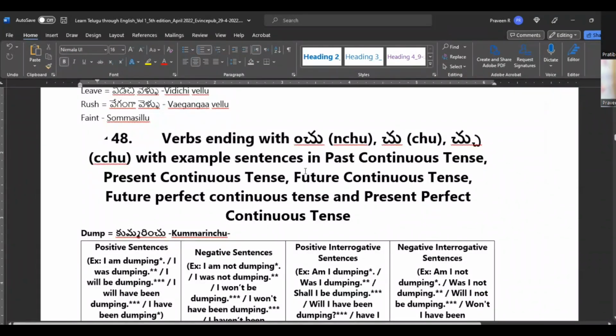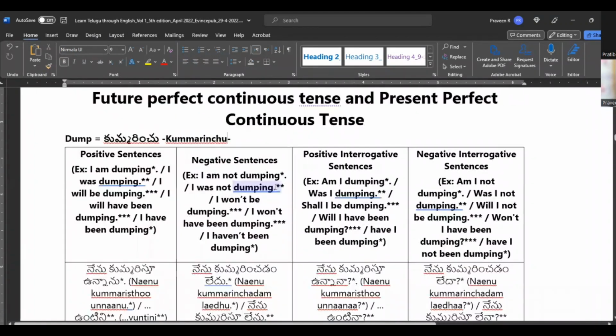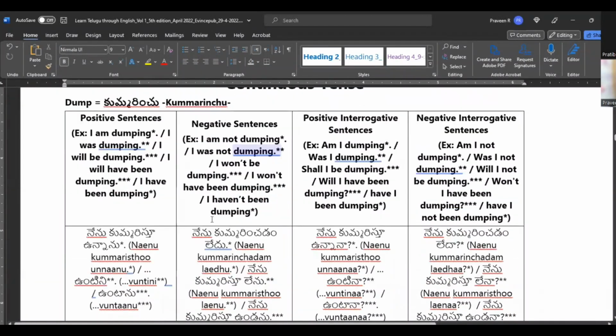All the continuous tenses are here. Past continuous tense, present continuous tense, future continuous tense, future perfect continuous tense, present. 5 tenses I covered in a single table. Okay. Kummarinchu became, see, I am dumping. I am dumping. Kummarinchu became kummaristu unnanu.